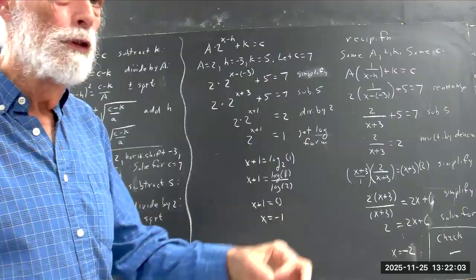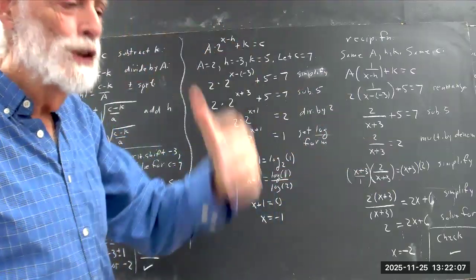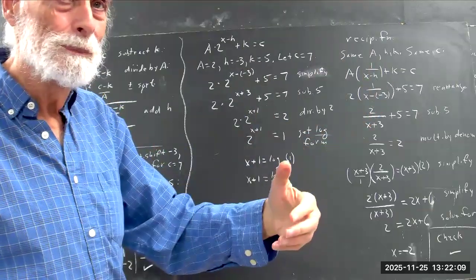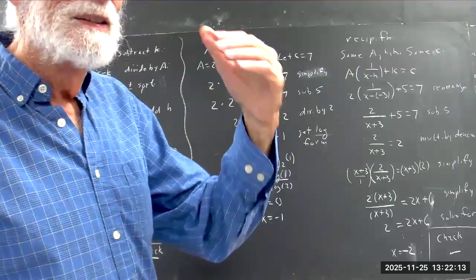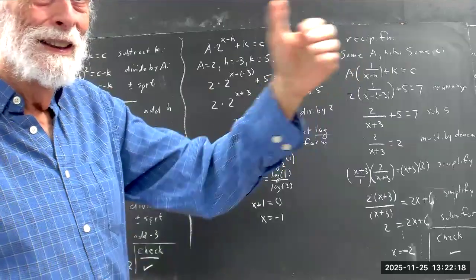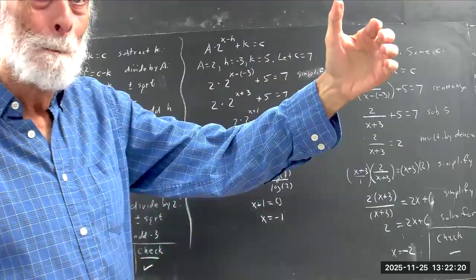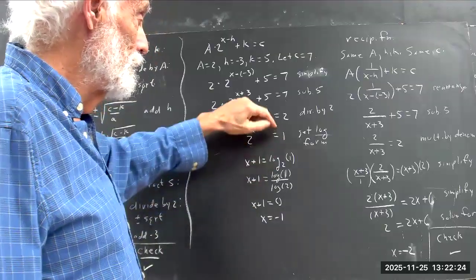You can say it's between 2 and 3, because 2 squared is 4, 3 squared is 9, and 5 is between 4 and 9.